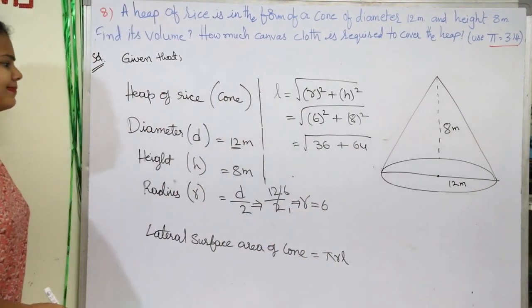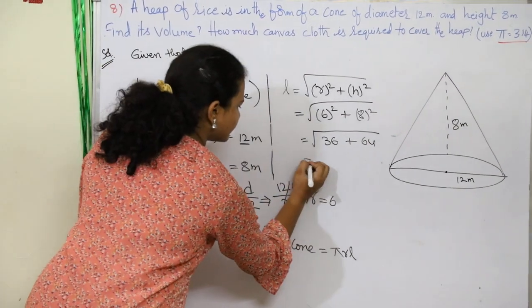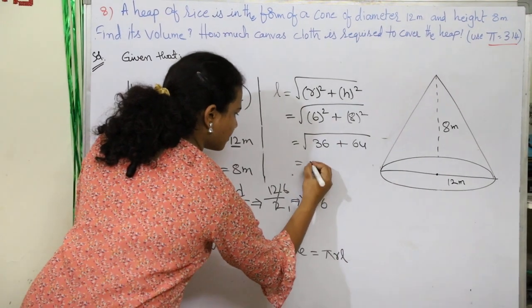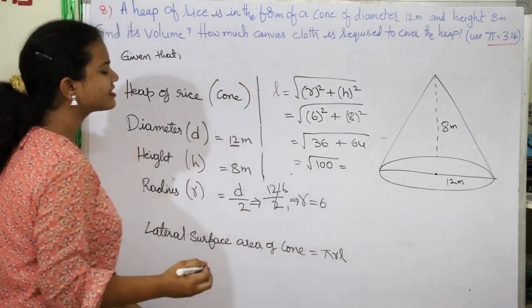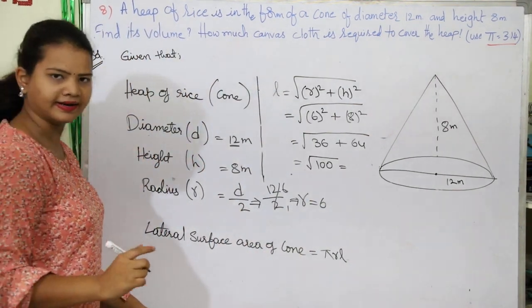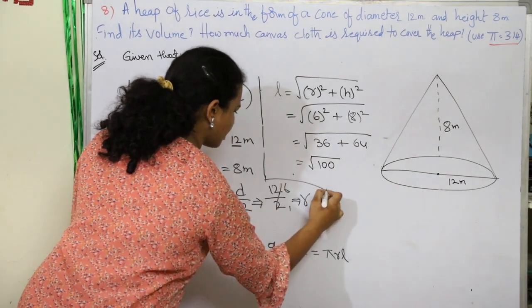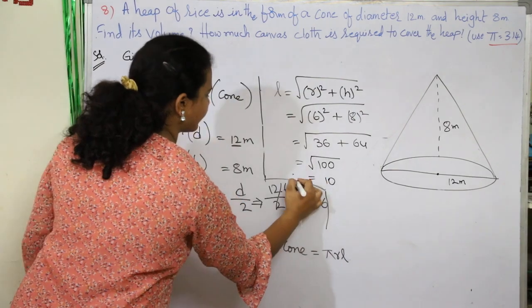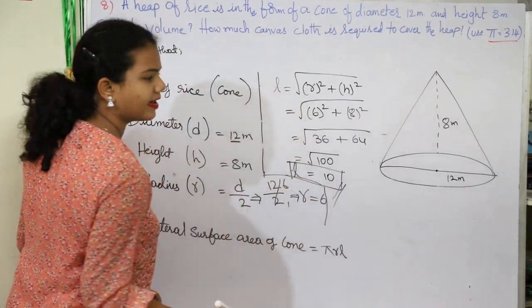Now 36 plus 64 gives 100. So L equals root over 100, and the square root of 100 is 10. So L equals 10.